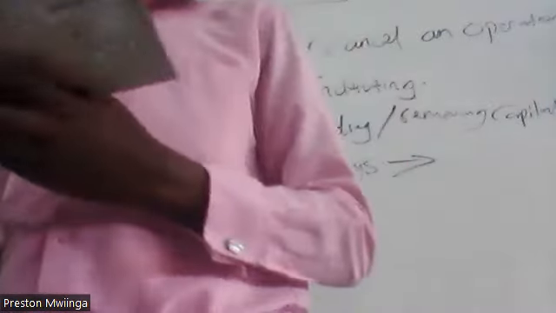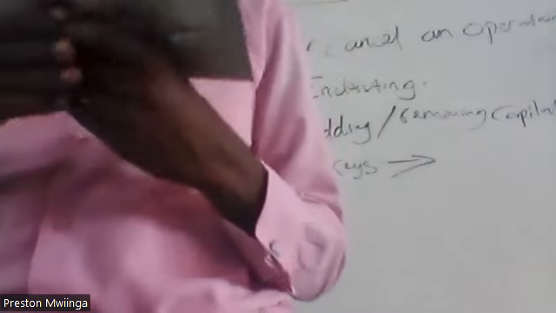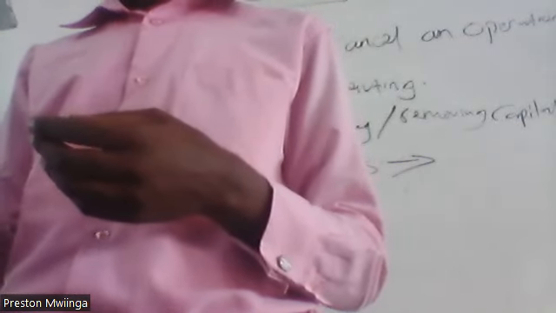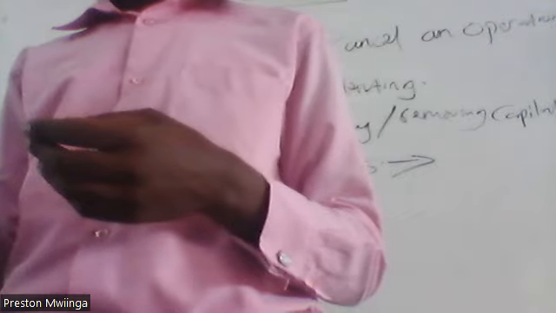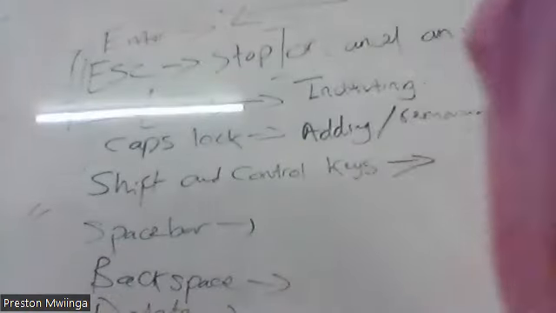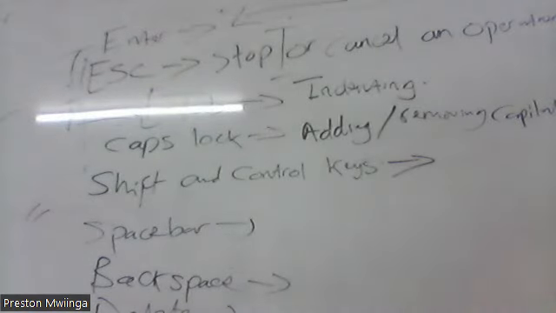I will randomly ask a few questions from what I've taught. Using the number, how do you activate those arrow signs, which are also found here?